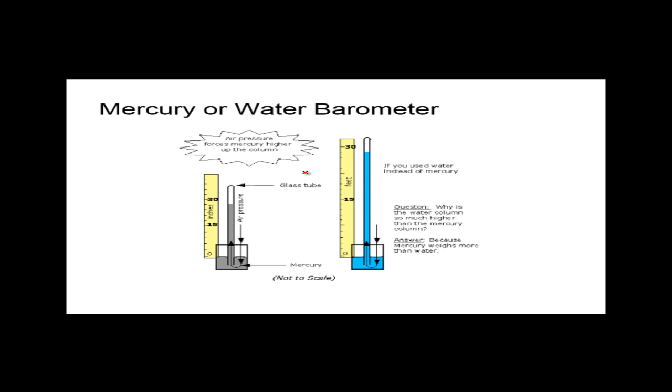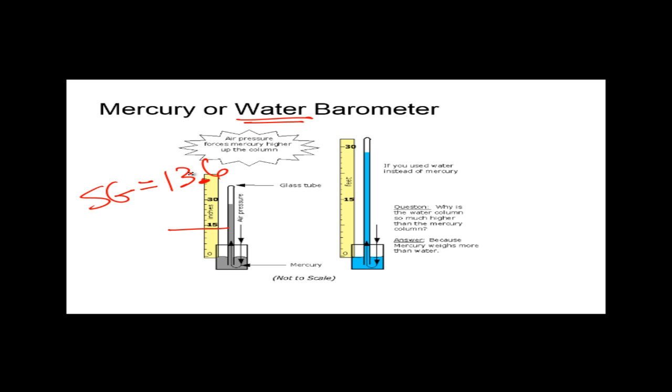Probably not. Now, let's say mercury is used in the barometer, but you want to use water because mercury is expensive and water is cheap. But the specific gravity of mercury is 13.6. What does that mean? It's 13.6 times denser, heavier. So water is a lot lighter.